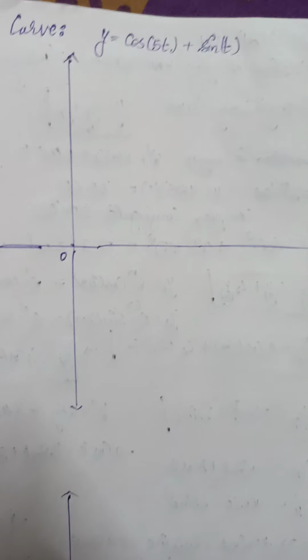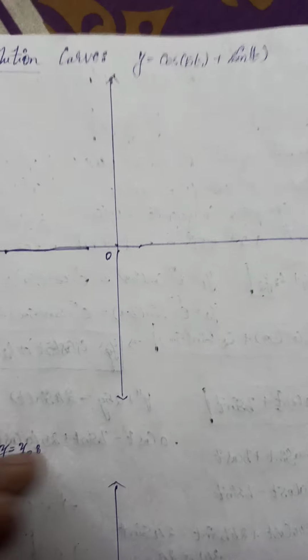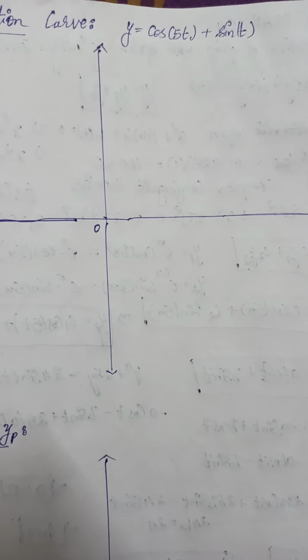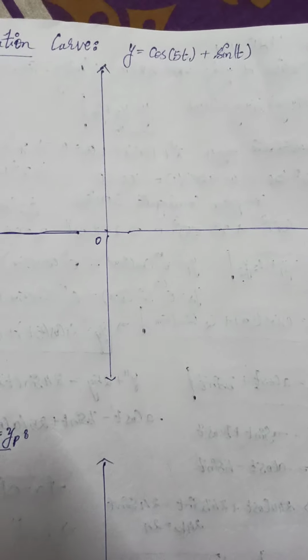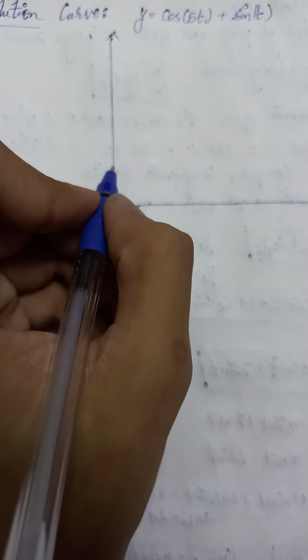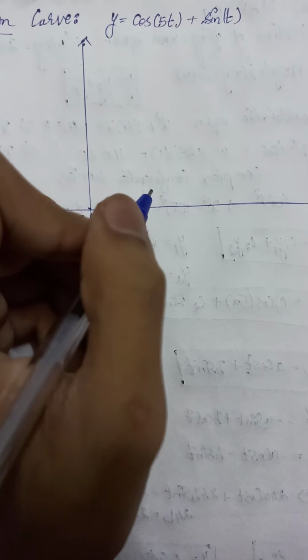Now this is not a very complex graph, but in order to understand this, the most simple way is that because this is a linear combination of cosine function and sine function, the graph resembles a cos function which has the sine function embedded in it.